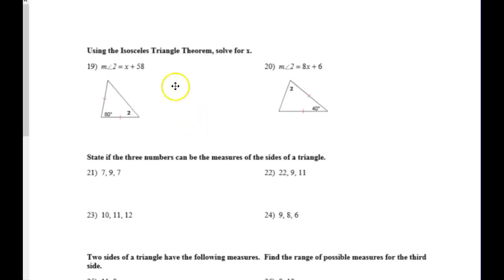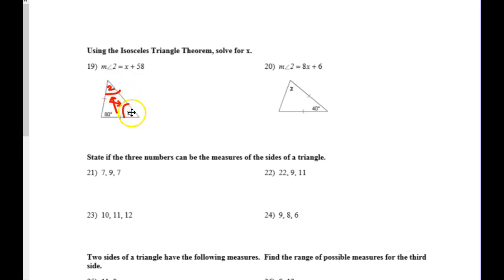All right, so 19 and 20. We have to remember what the isosceles triangle theorem is. If we have two congruent sides, then these two angles across from the congruent sides have to be the same. They have to be congruent. So this angle means this angle is going to be the exact same.